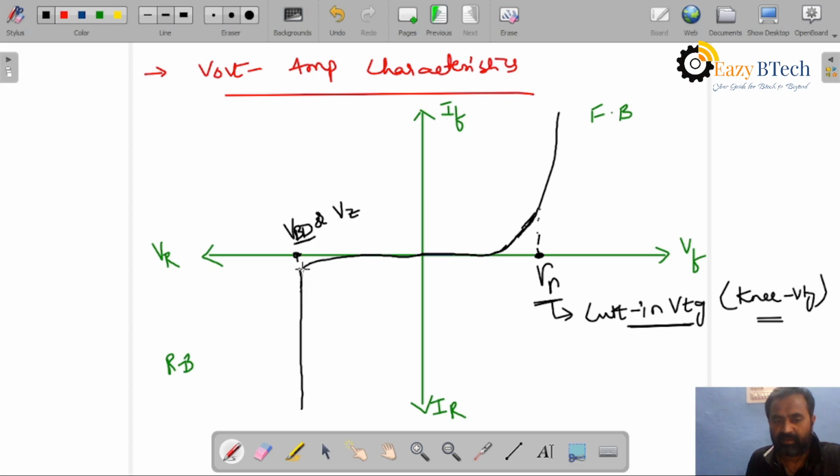Okay, and this current is known as IZ minimum. This region is known as breakdown region.